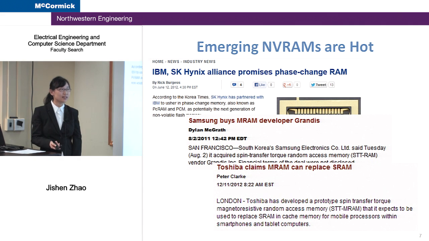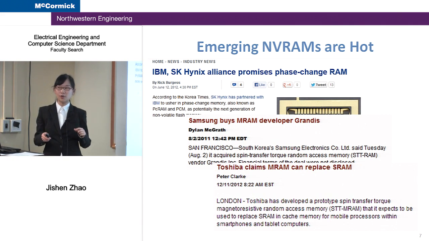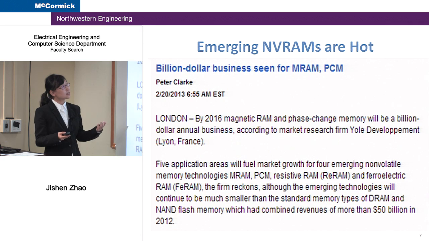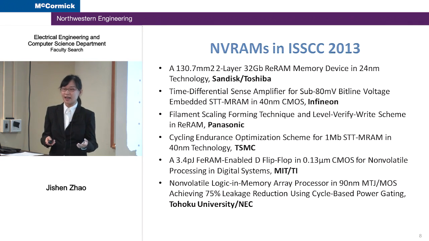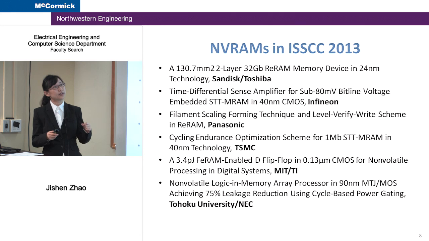In that summit, Microsoft and Red Hat were talking about how to adapt the OS kernel and the file system to this new memory technology. And also memory vendors like Samsung, SK Hynix, and Micron, every year they demonstrate their new implementations of this memory technology.